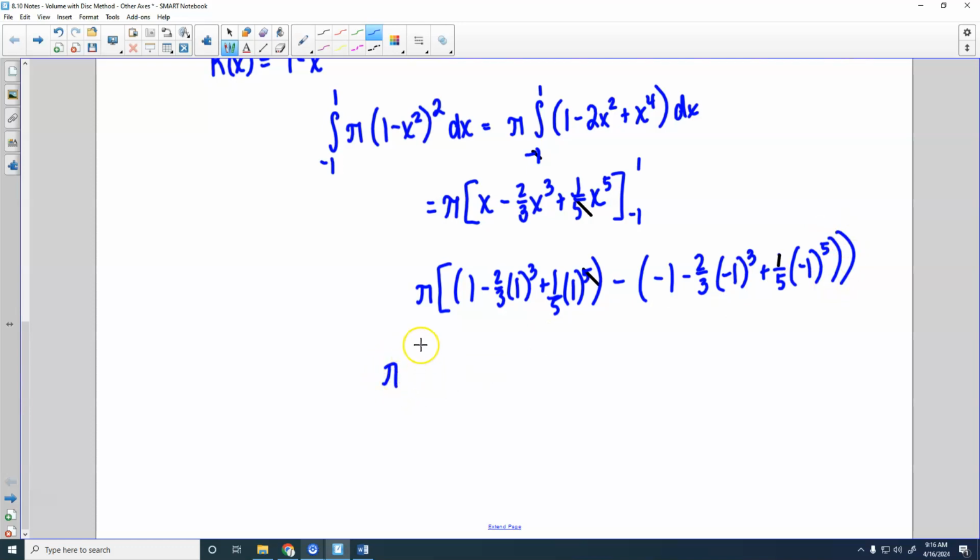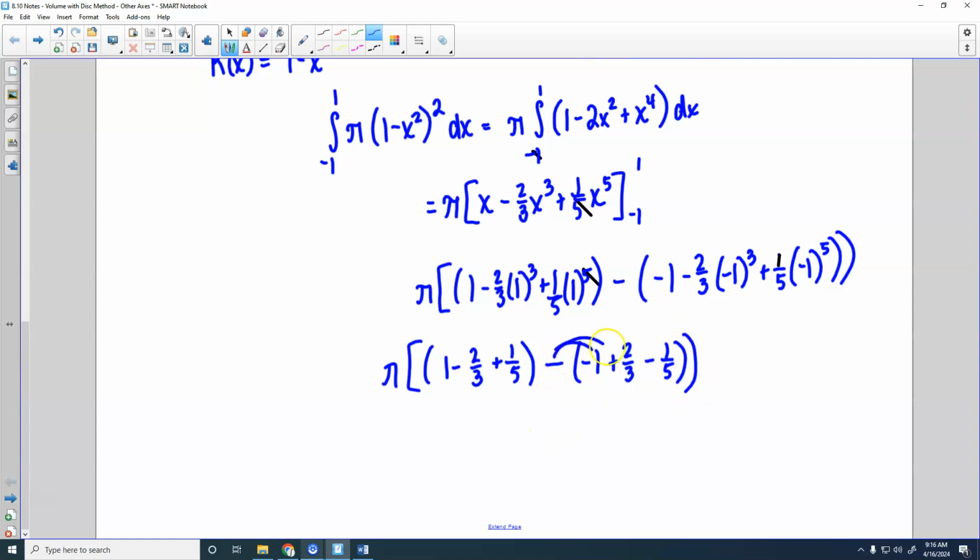And that is going to be 1 minus 2/3 plus 1/5 minus -1 plus 2/3 minus 1/5.